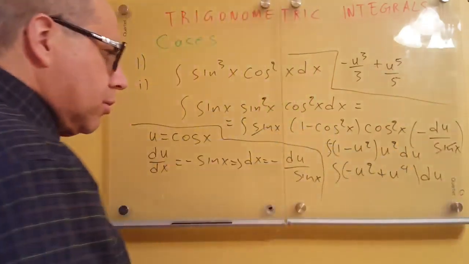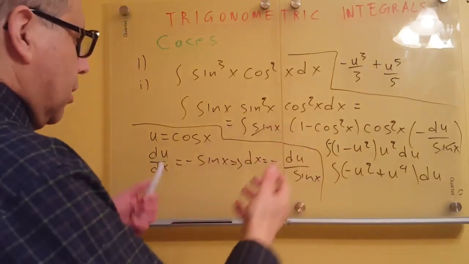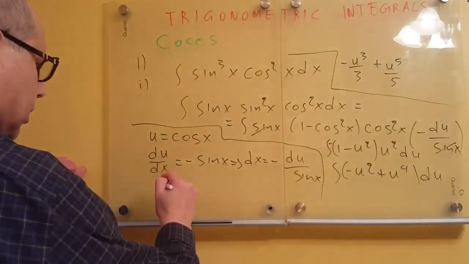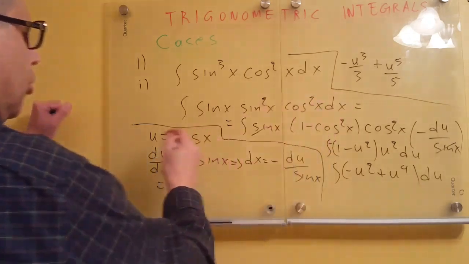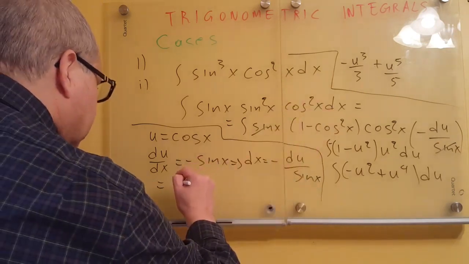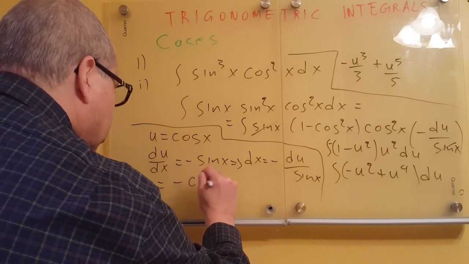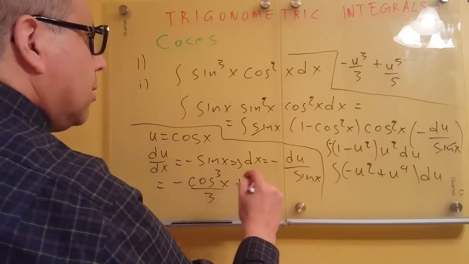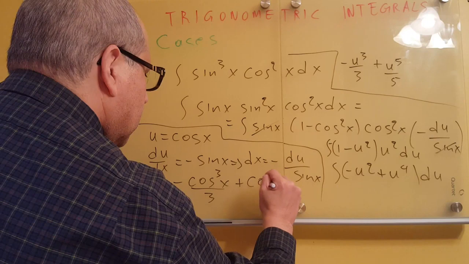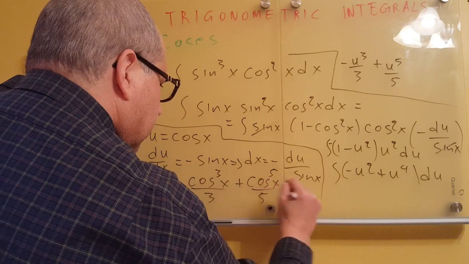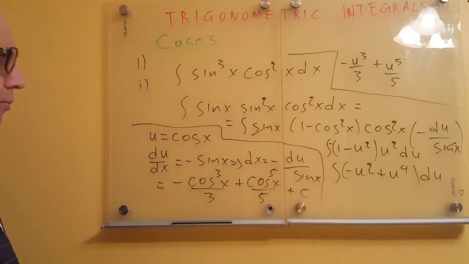And finally, because the initial integral was in terms of x, we can go back and substitute the initial variable, which was x, so this is equal with minus cos x to the 3rd over 3 plus cos x to the 5th over 5 plus, of course, C. So, and that's about it.